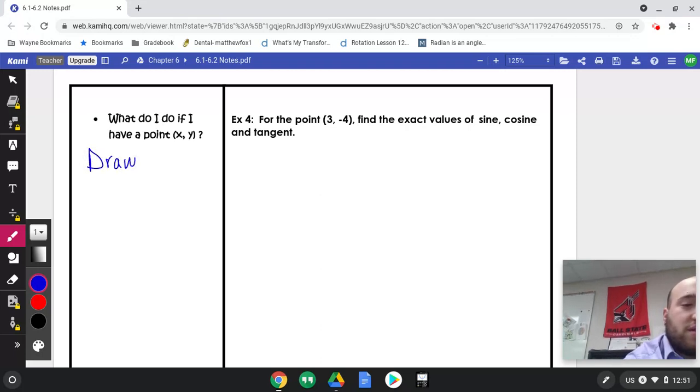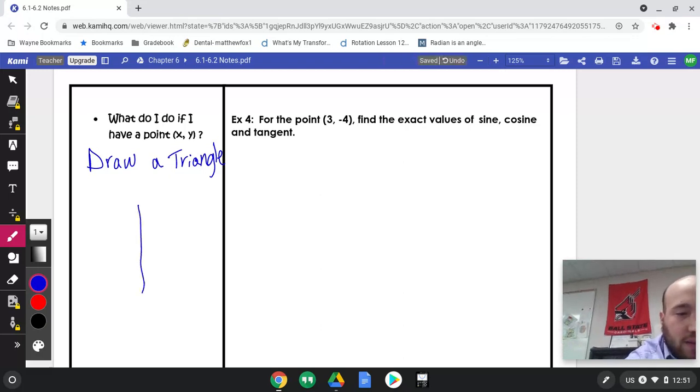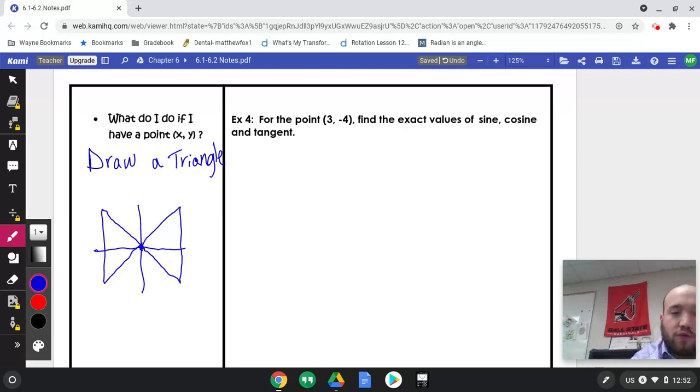And when we draw this triangle, it's always going to be from the origin. And so if we think on the coordinate plane, there's basically 4 different triangles that we could have. We know it's always going to start at the origin. It could either go up here, or it could go in any of those 4 quadrants.